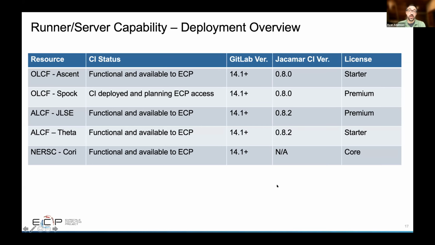That's really where we started. As we move forward, we're focusing on getting the GitLab capabilities deployed to all of the systems that ECP users will have access to. So this will include the Aurora and Frontier ecosystem systems, as well as Perlmutter when it's up and running.